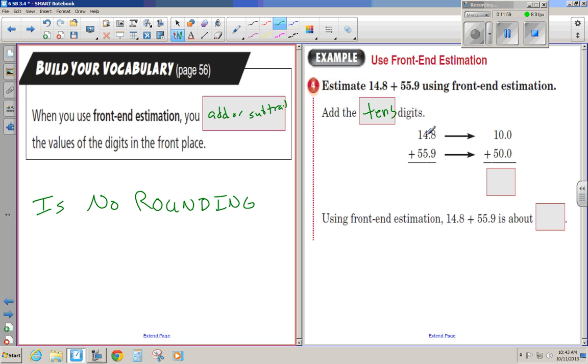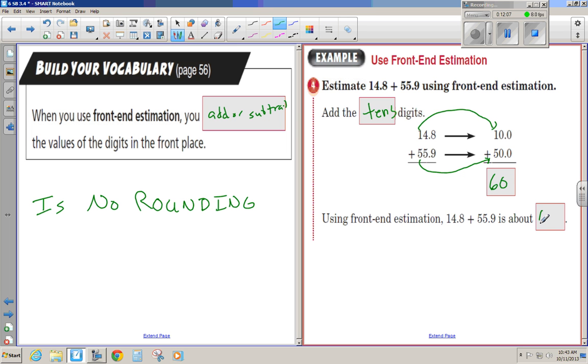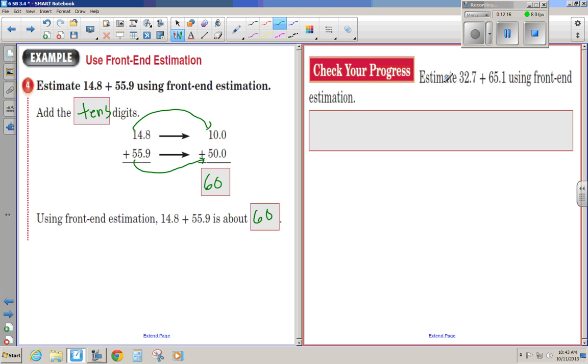So 14.8, the first number is 1, so you have 10. This is 5, so it's 50. Add them together. You can say that using front-end estimation, the answer's about 60. Here, front-end estimation, you're not rounding, you're just looking at the first number.